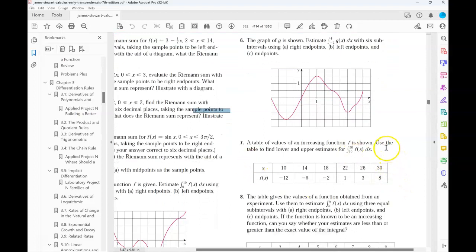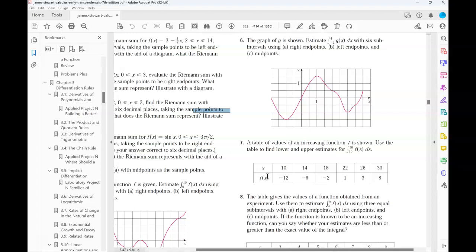From looking at this data table, I'm not sure whether the left-hand or the right-hand rule is going to give the over or under estimate. But all I'm doing is the left-hand rule and the right-hand rule, and then I'll see which one's bigger and smaller. I wouldn't think about it any harder than that.